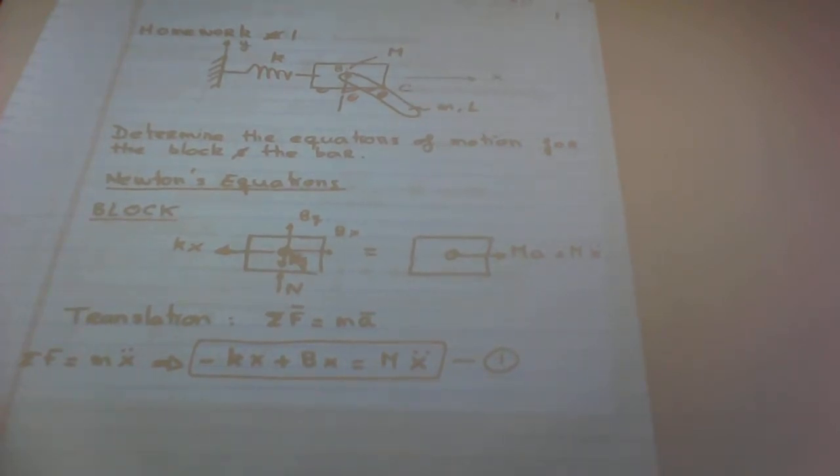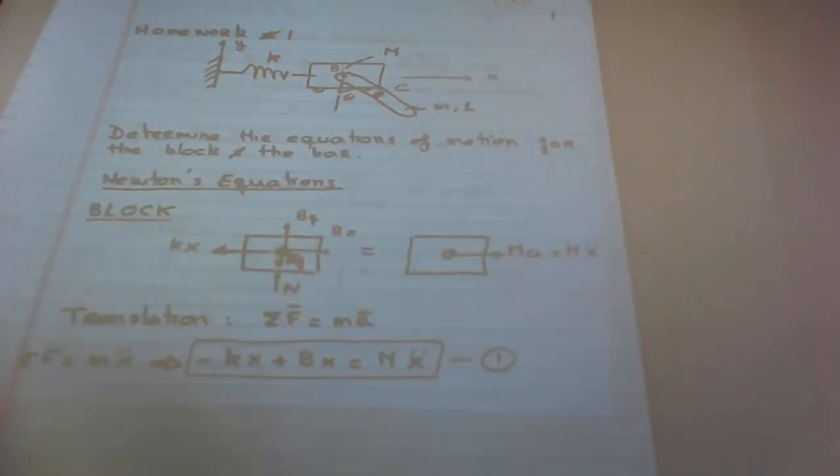Now if we wanted to find the equation of motion of the bar over here, what do we need to do? We need to use equation 4, and we substitute dx and dy into that equation and rewrite it.